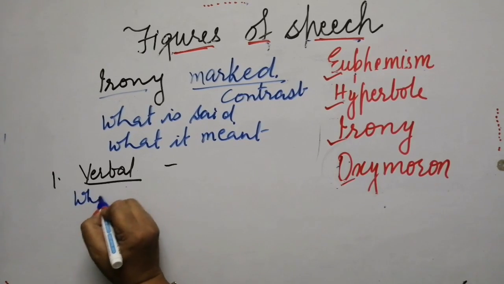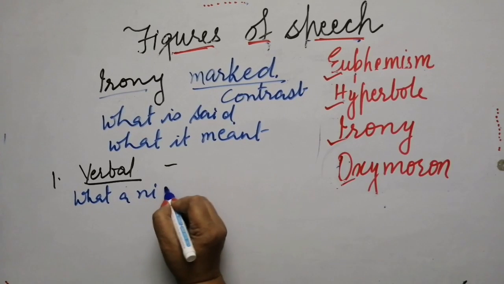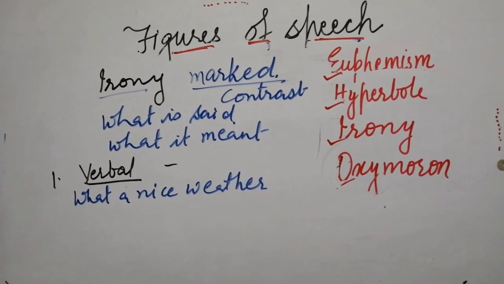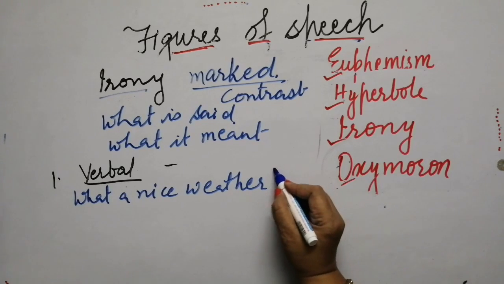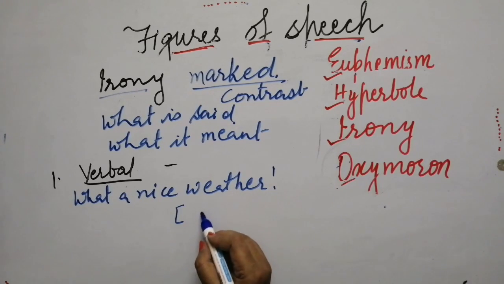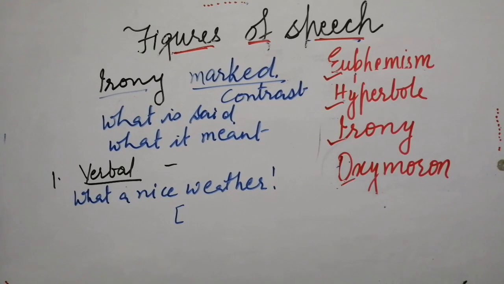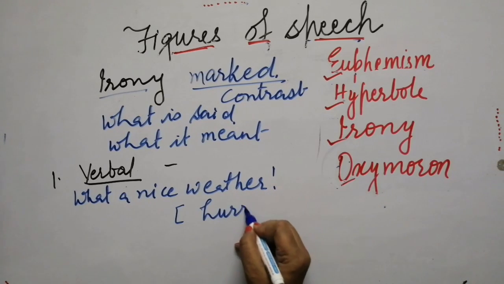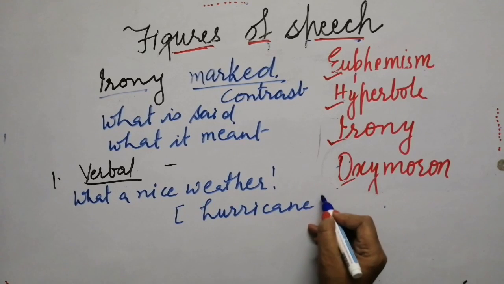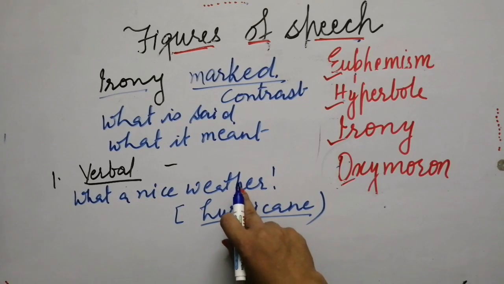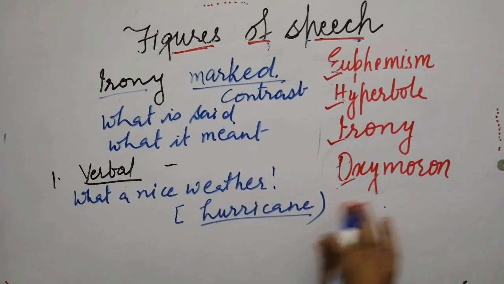Someone says, what a nice weather. Okay, but actually that time that person is out into a hurricane, right? It's a situation, it's a word, actually that person is talking about this hurricane, and expression words are these. So that is verbal irony.